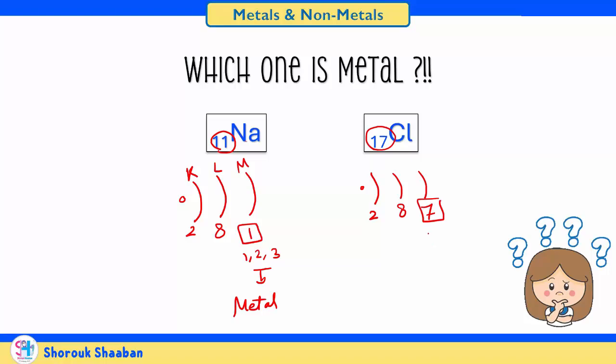We said if we have 5 or 6 or 7, so what will be the type of the element? Good. Non-metal.